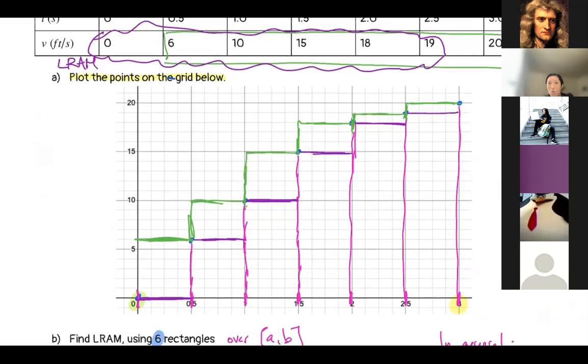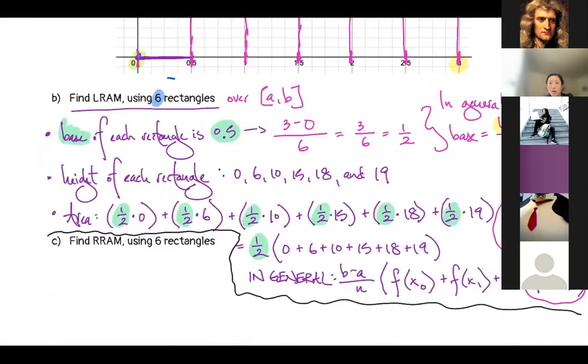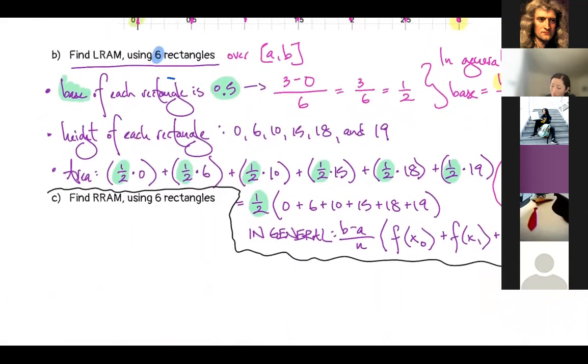All right, but what does the equation part look like? Okay, so if we were to write out the area of our right approximation, we should have 6 rectangles again. So 1, 2, 3, 4, 5, 6 rectangles.